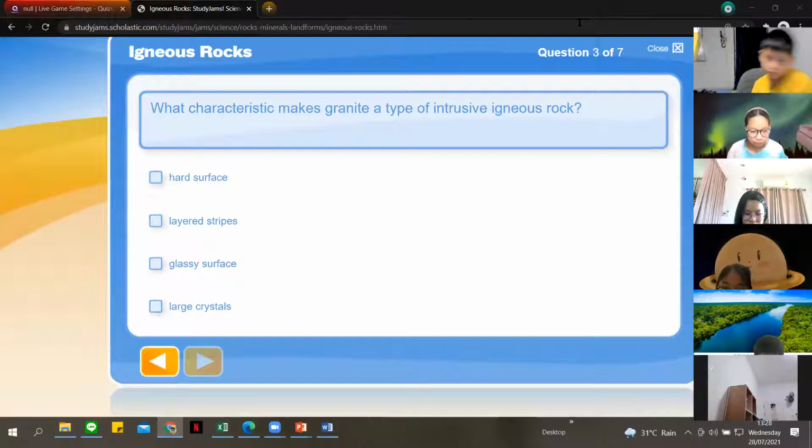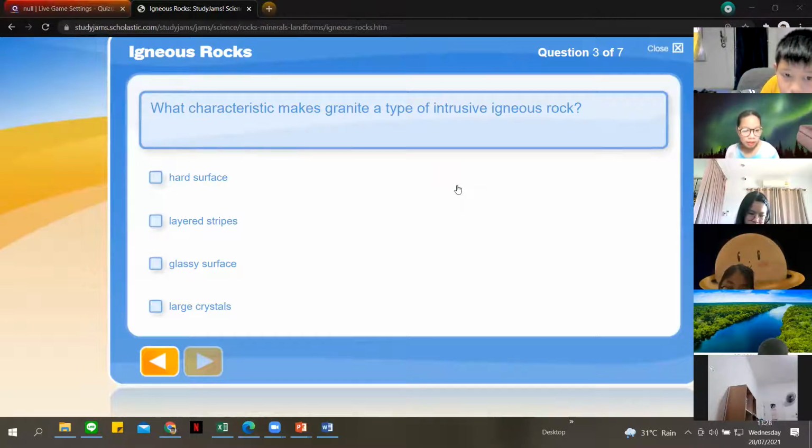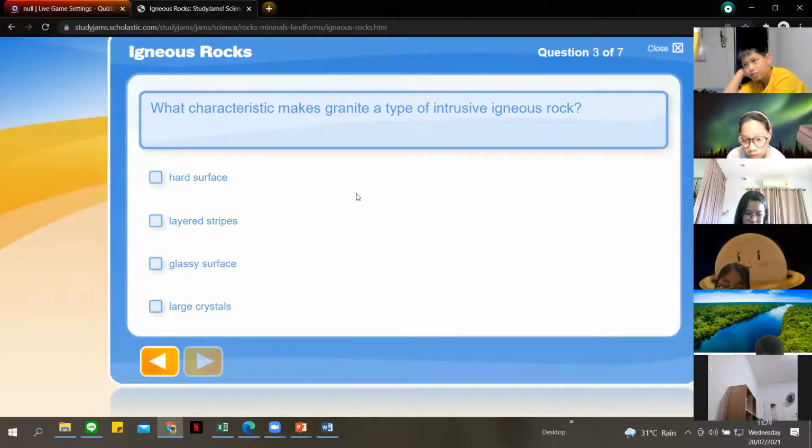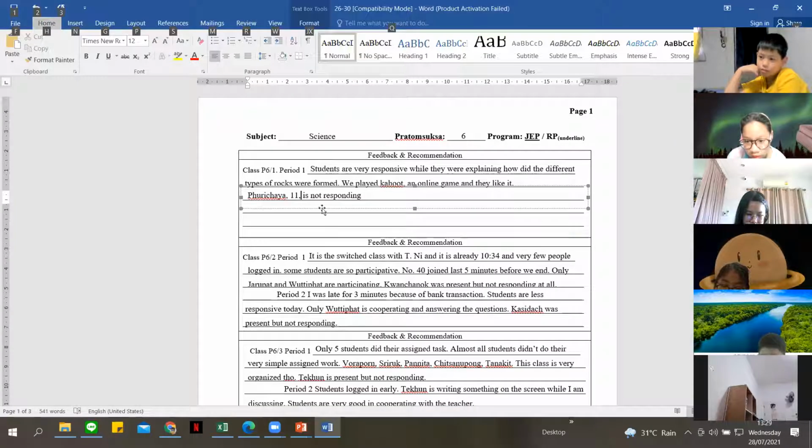Next question here. What characteristics make granite a type of intrusive igneous rock? I will call number 29. Number 29. Number 29 is not responding as well.